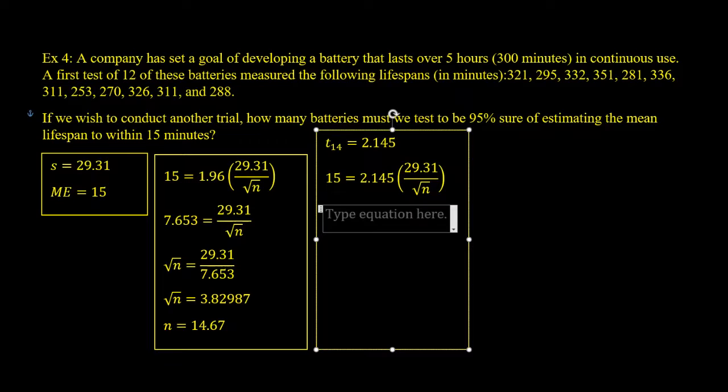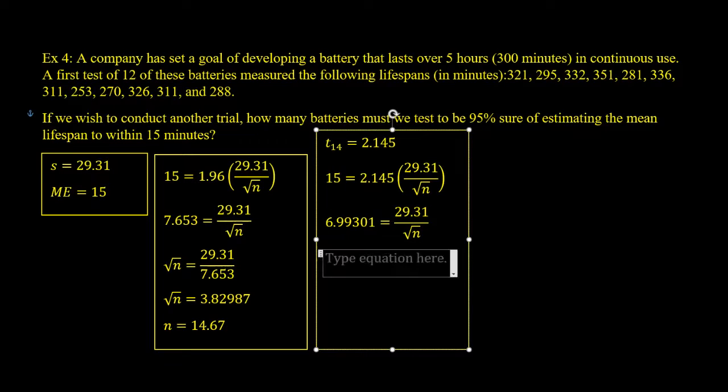If you notice, this is going to be all the same stuff we did for the normal model, except we've replaced the 1.96 with 2.145. So I divide the 15 by the 2.145. We get 6.99301, which equals 29.31 over the square root of n.